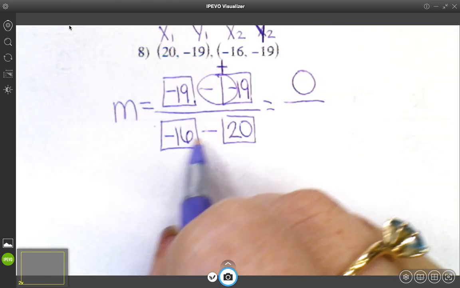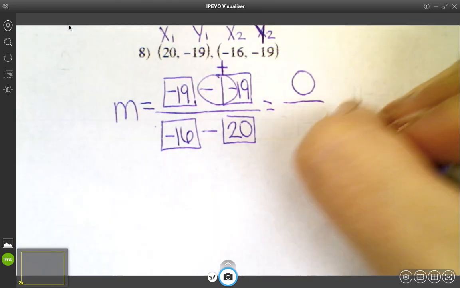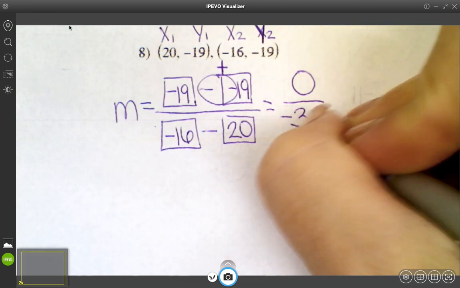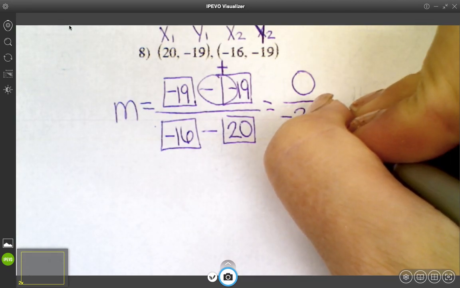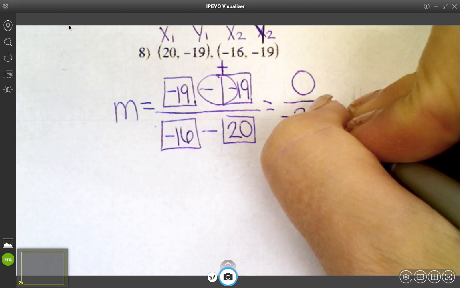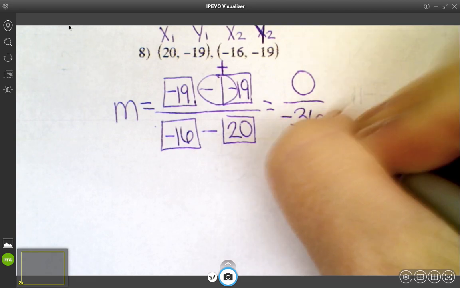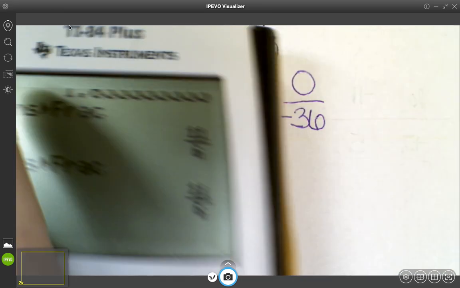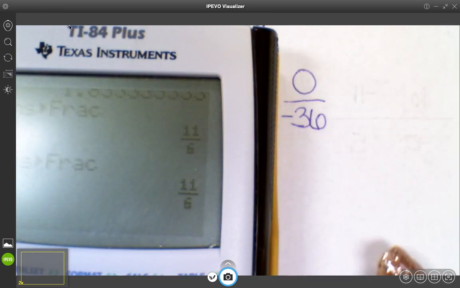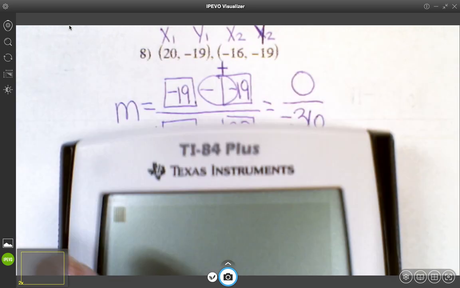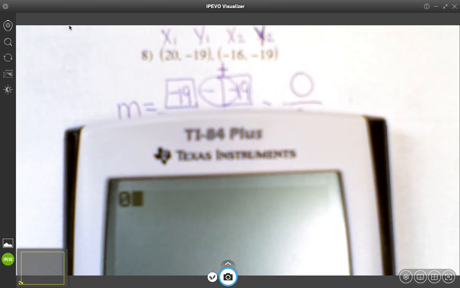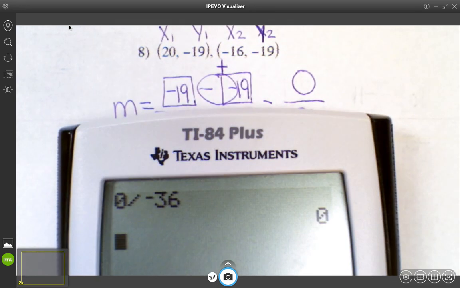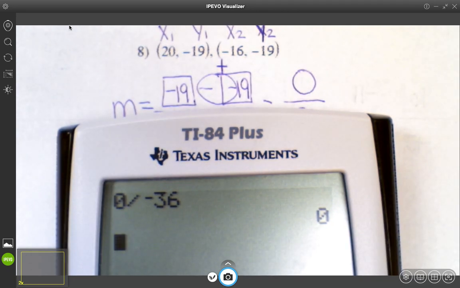Negative 16 minus 20, we can plug this in, we're going to get negative 36. Now, 0 divided by anything, and this is one thing I should have showed you on that last example, when you take 0 divided by negative 36, gives you an answer of 0.